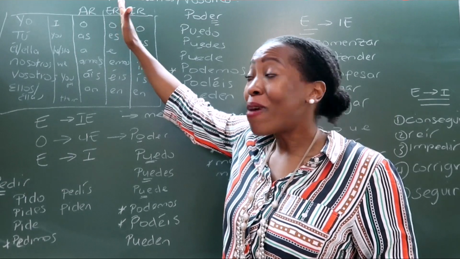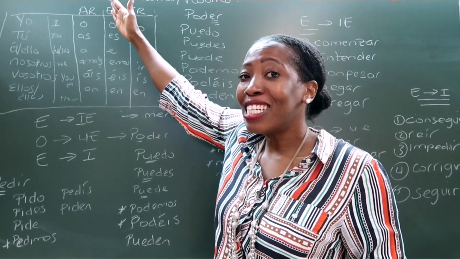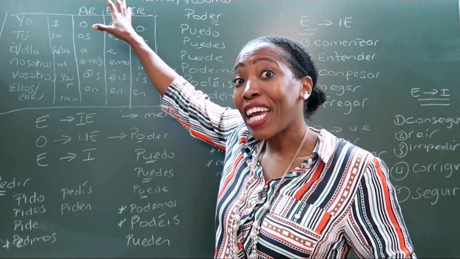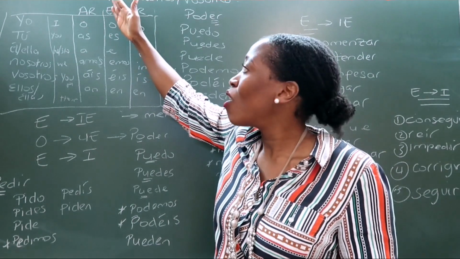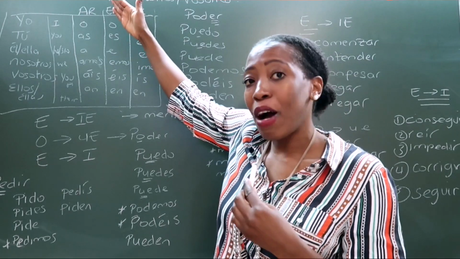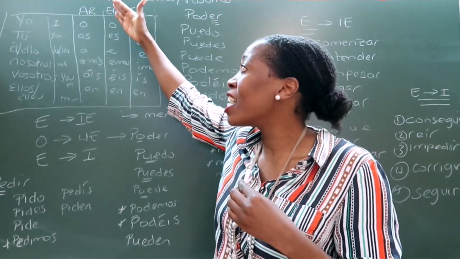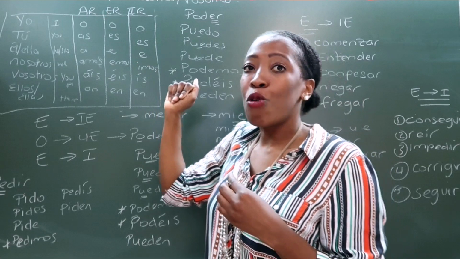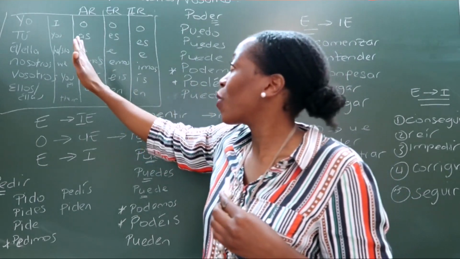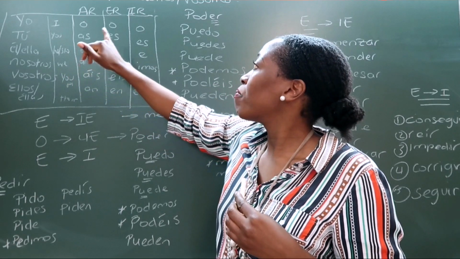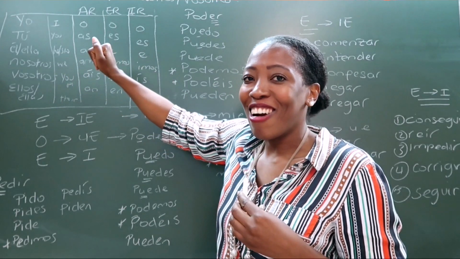So if the verb ends in AR in Spanish, to conjugate it, we take off the AR and, if you're talking about the first person, which is I, you'd add an O. We're doing AR, aren't we?